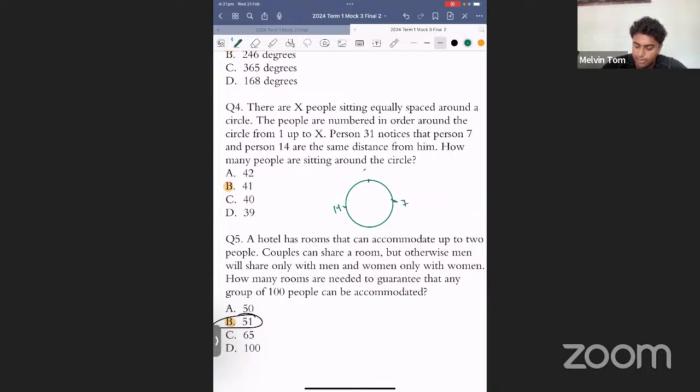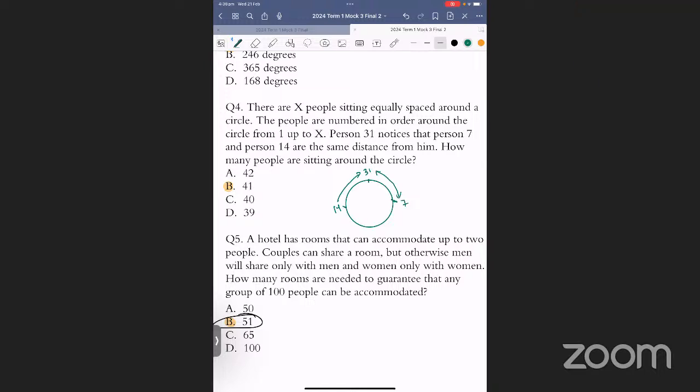And then there's a person at number 31. Do you understand? Yeah. All right. And then the question says that the distance between number 14 and 31 is the same as the distance between 31 and 7. Do you understand that? Mm-hmm.